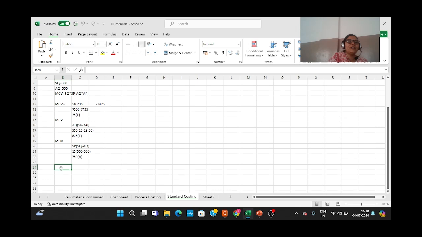We have one equation: material cost variance is equal to material price variance plus material usage variance. Material cost variance, we all know, is 75 favorable, and it must be equal to material price variance, which is 825, plus 750, which is a minus value.